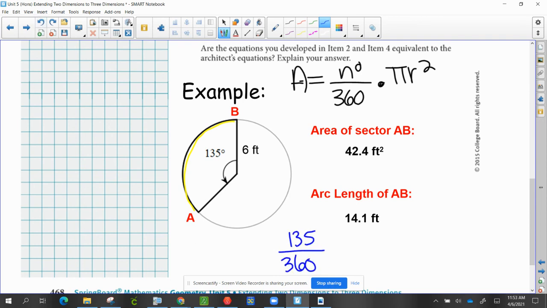That'll give you your portion of your circle. And if you times that by, let's say, 2 pi times 6, if I did 2 pi r, that's how you get your answer there. So you can do this all in a calculator at once. You can simplify things as you go along, but in the end, it shouldn't necessarily matter. Just as long as your answer is close, we'll be good.